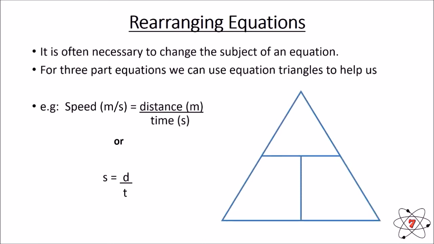Now, let's think about our triangle. There are 3 parts to it. Now, in maths, when something is on top of something else, it means divide. This is going to be true for our triangle. When something is next to something else in maths, it means multiplied. So this is going to be true for our triangle. Now let's look at our equation.